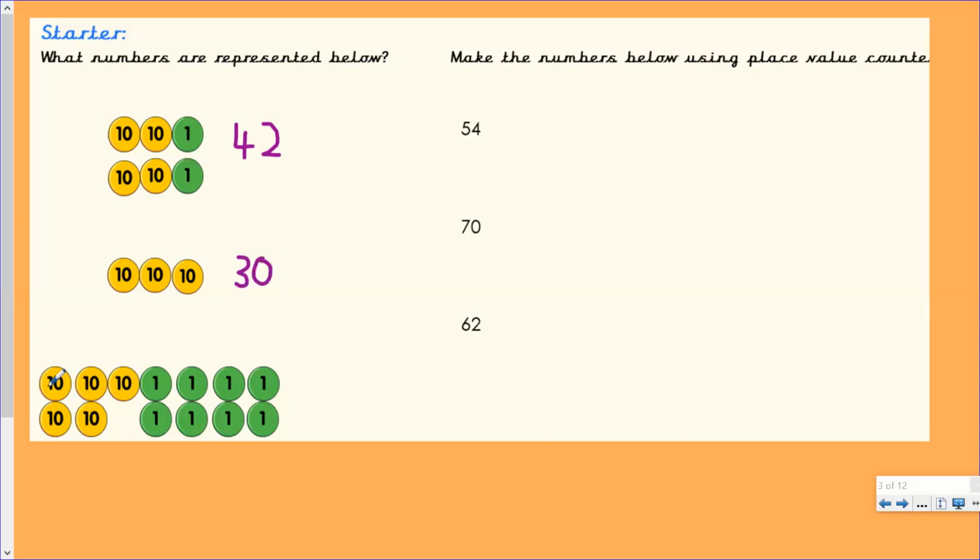And let's look at the last one together, counting in tens first. 10, 20, 30, 40, 50, 51, 52, 53, 54, 55, 56, 57, 58.